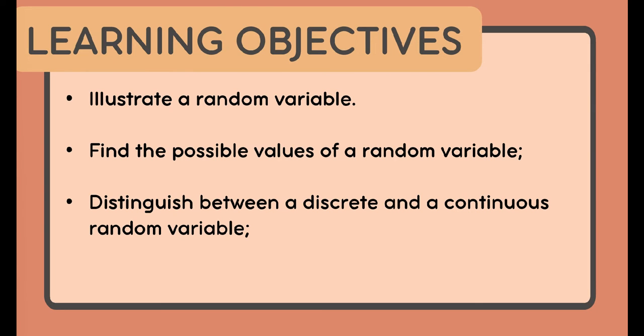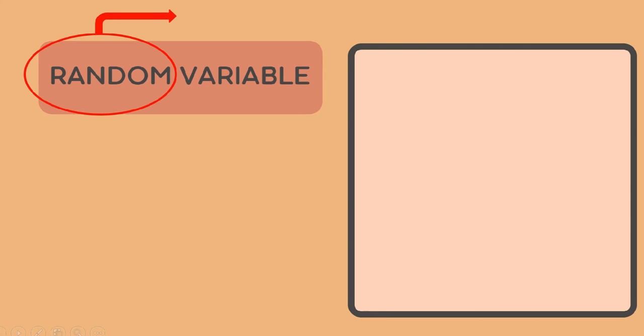All right? All right. So what is a random variable? Or what do you mean by random? Random simply means unpredictable. Variable means letter. It is a letter which represents the values that we don't know yet.